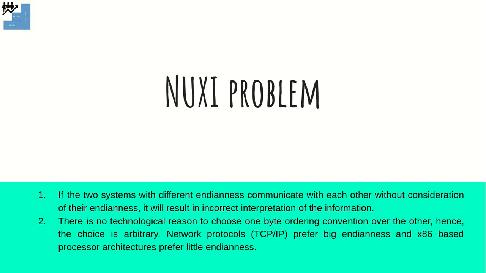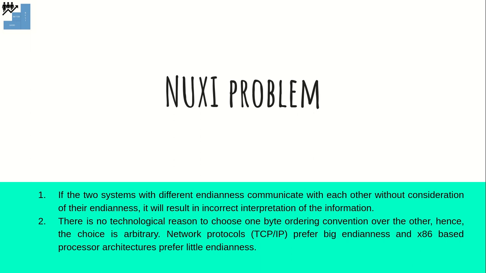Okay, now coming back to the significance of endianness. If there are two systems A and B, A is working in little endianness and B is working in big endianness, and both of them want to communicate and share data with each other, and there is no protocol between them taking care of endianness, then there will be misinterpretation of information communicated between the two systems.